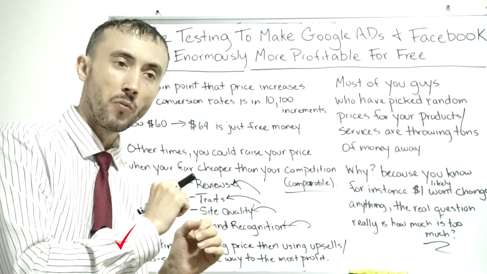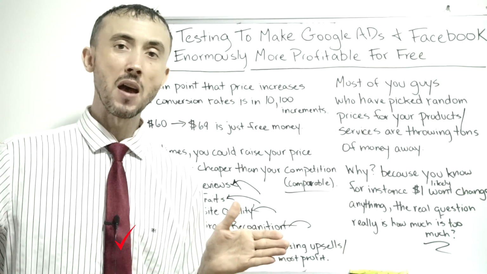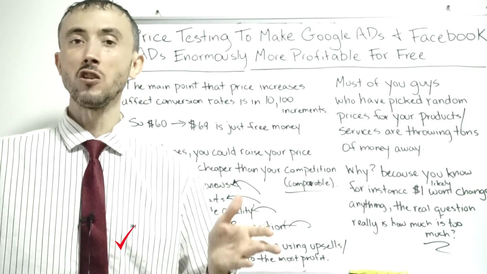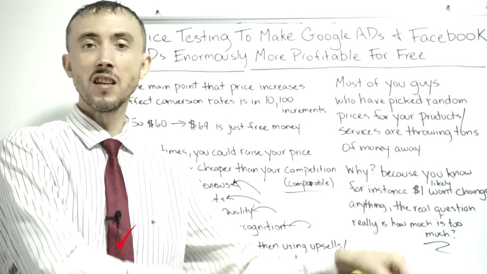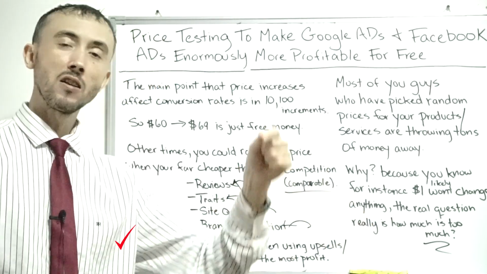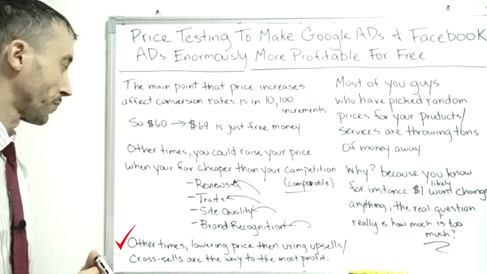And knowing that when they get to your site, they're probably going to want to buy a different product anyway that has the full features, that's a very good way to do price testing: not going up, but lowering your price in order to make more money from your ads.